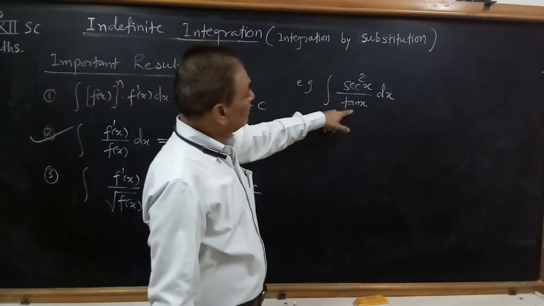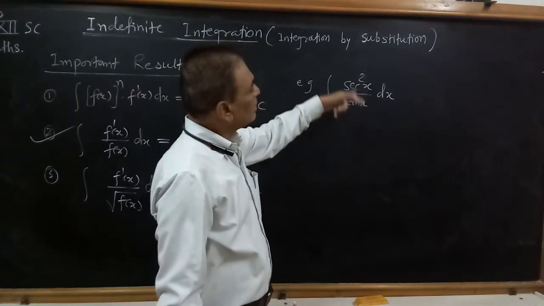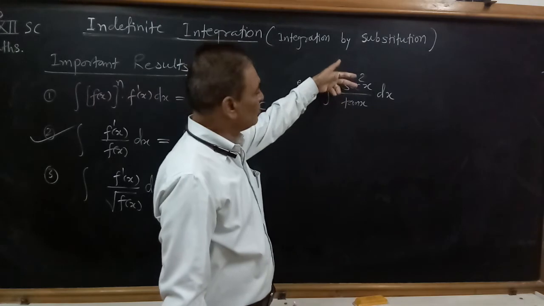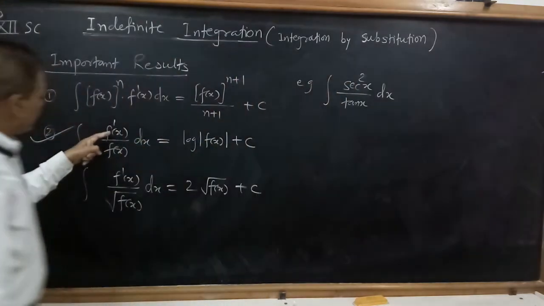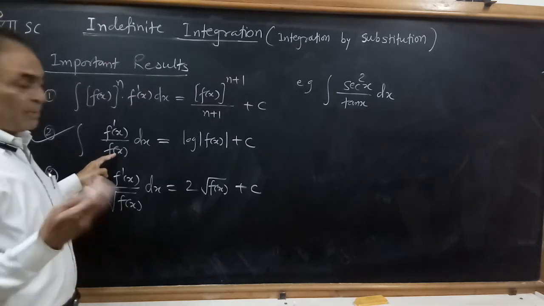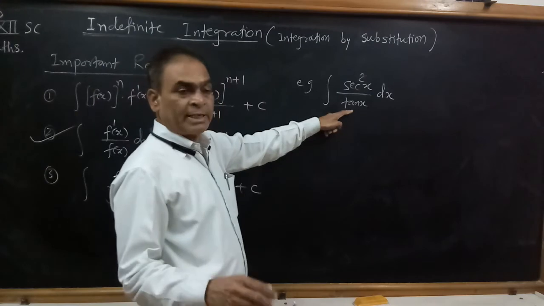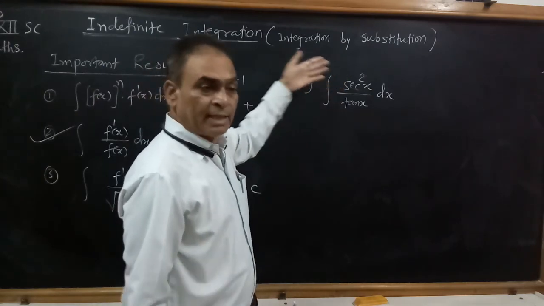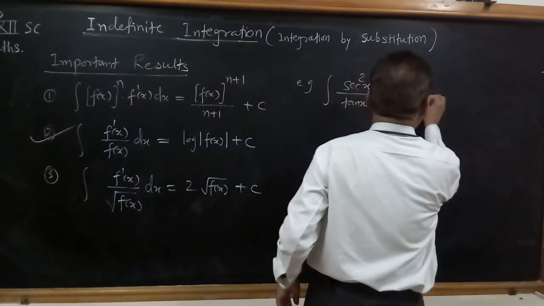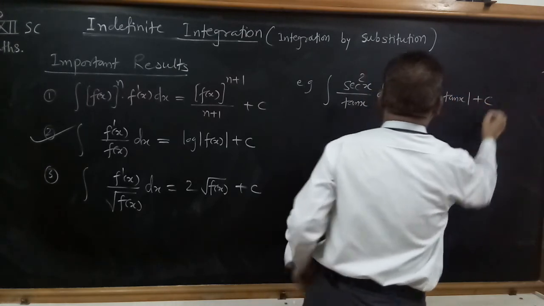What is the derivative of the denominator? The derivative of the denominator is nothing but sec square x, that is the numerator, meaning f dash x. In the denominator there may be any function, trigonometric or any other, but the derivative of the denominator quantity is the numerator. Then you can easily write the integration: log of mod of denominator plus c is the final answer.